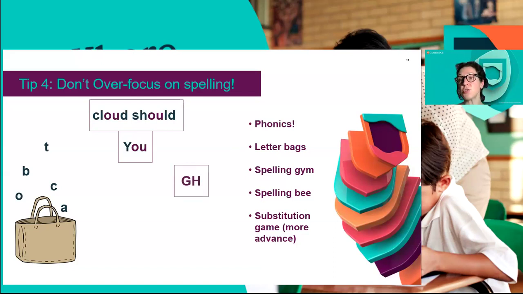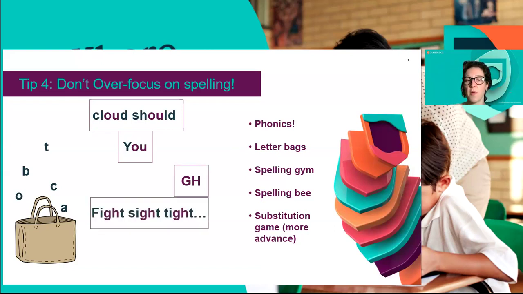Or GH, and then students also find it in different words. For example, ghost would be different from fight, sight, tight, and so on. And also notice the pattern, how this letter combination works in different words.